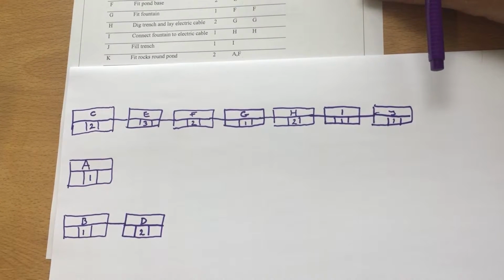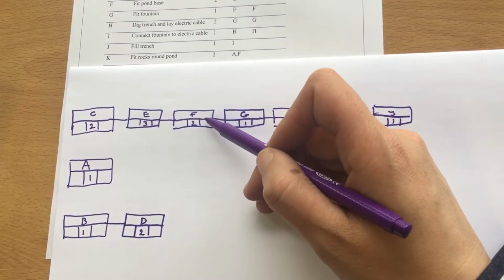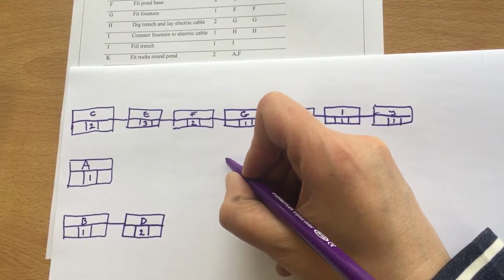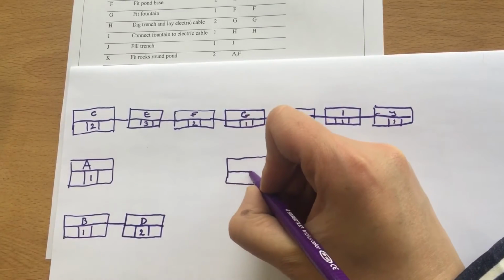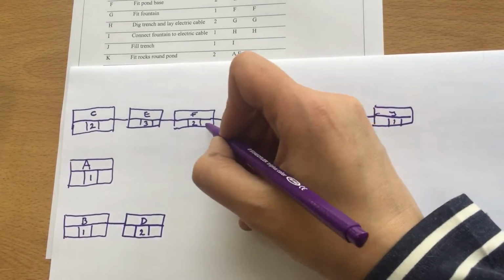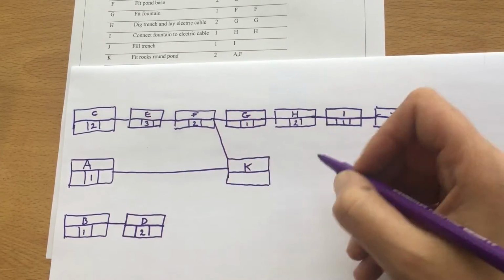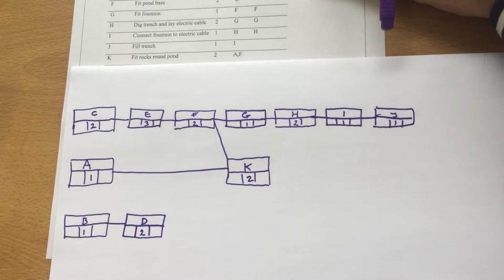Now K comes out of both A and F. So it's going to have to be further along our page than F and A. So if we put K about here, then it can have come from both F and A, and K takes 2.